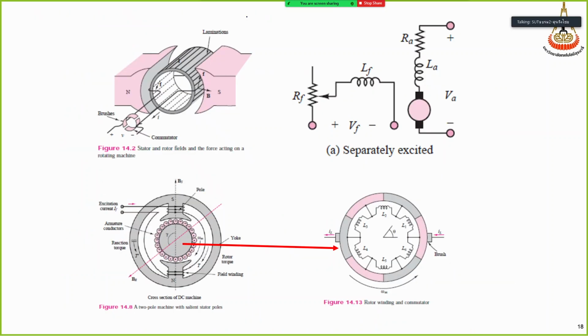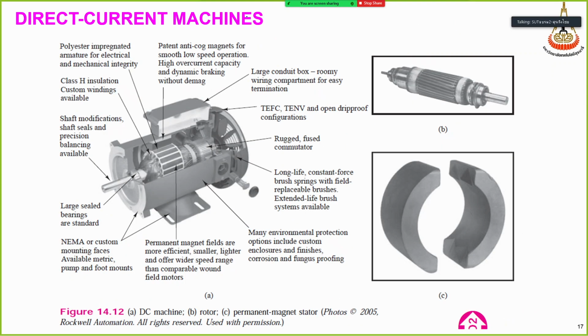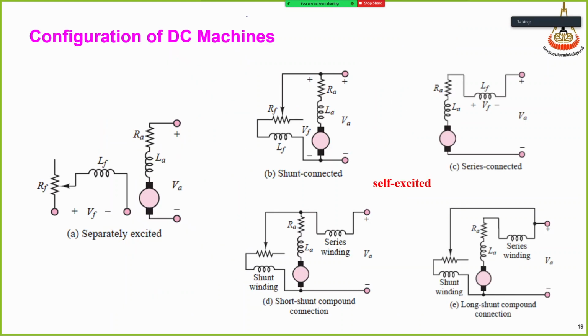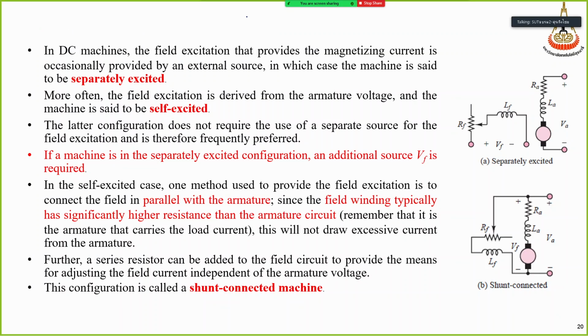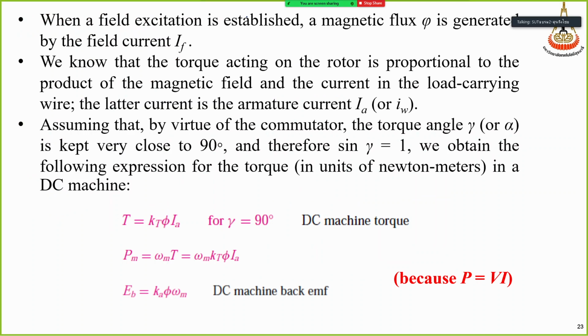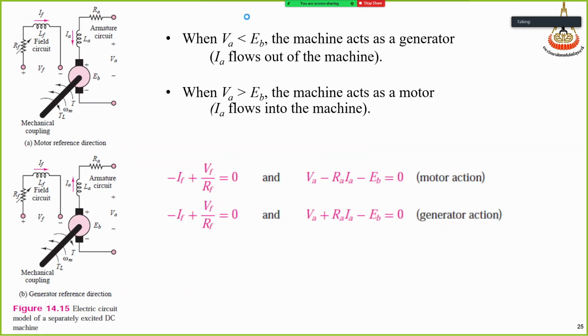Okay, I think I will start DC machine next time. This time we have no time to continue with DC machine. So the structure of DC machine and the many types of machine, I hope I can finish next time.